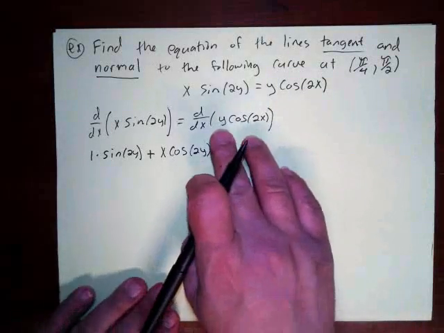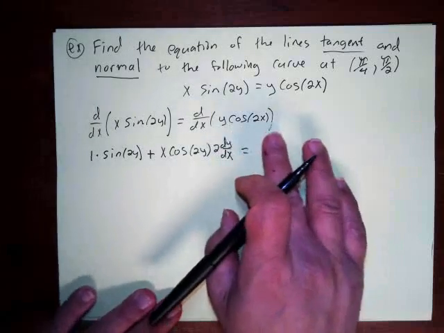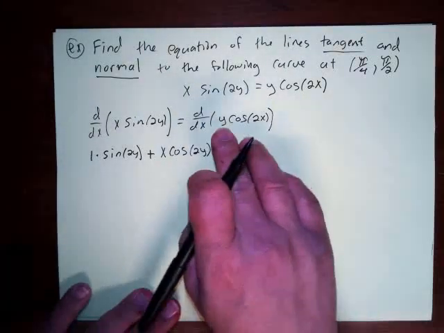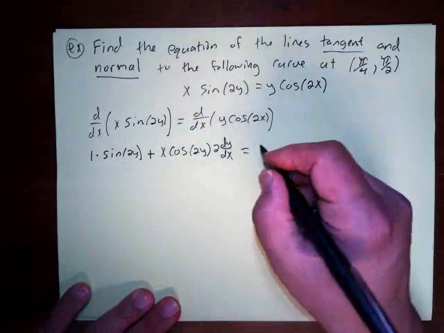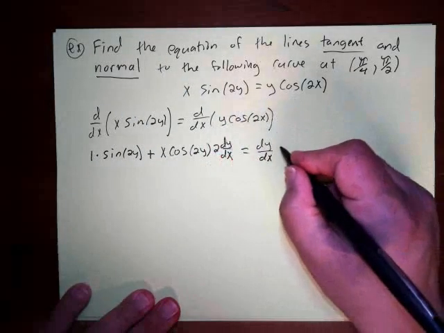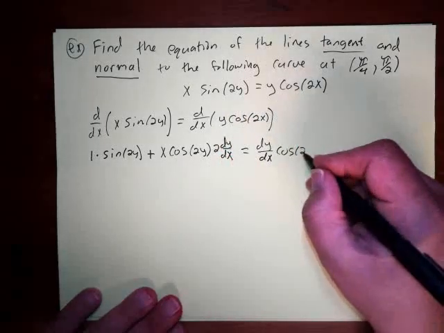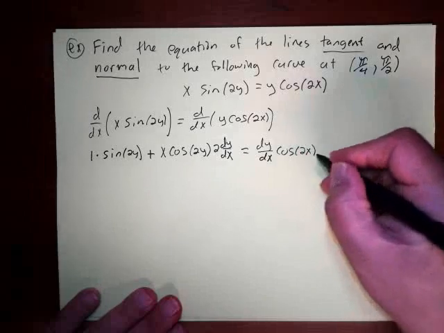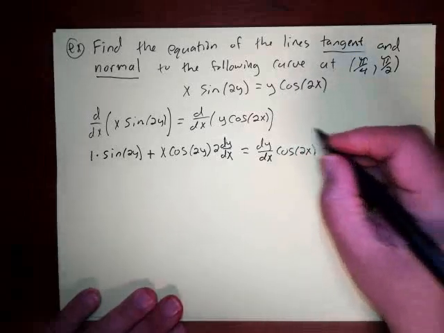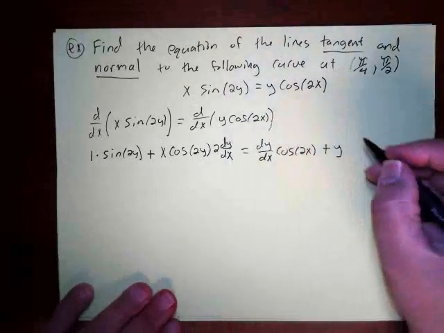Now the product rule on this. The one function is y, the other one is cosine of 2x, and we're going to take the derivative with respect to x. So the derivative of the first function is just dy/dx, times the second function, which is cosine of 2x, and then we add the first function, which is y, times the derivative of the second function.